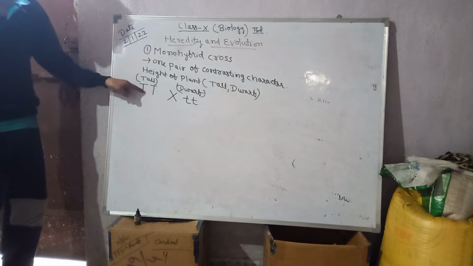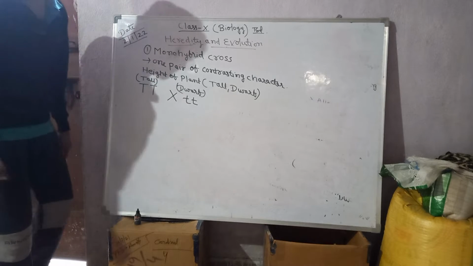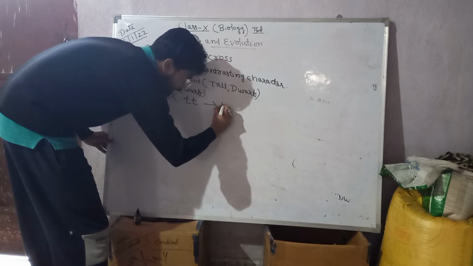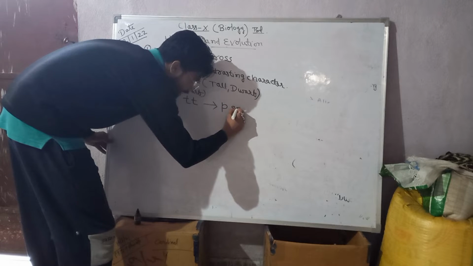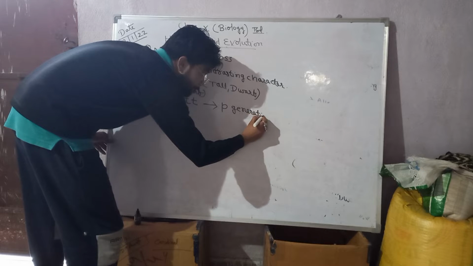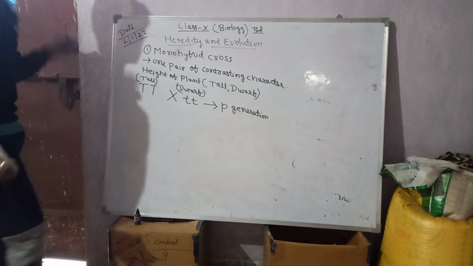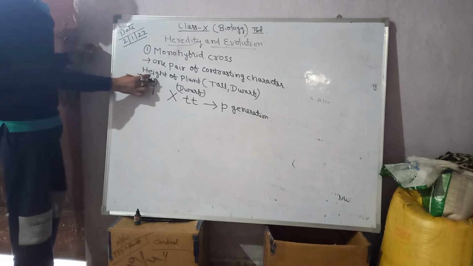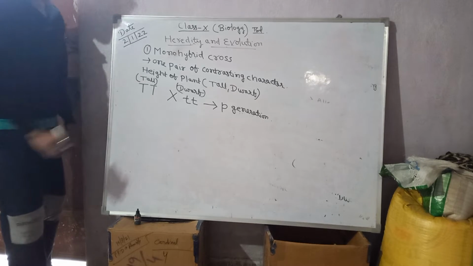First one is the tall plant, second one is the dwarf plant. And this one is the parental generation, P generation.